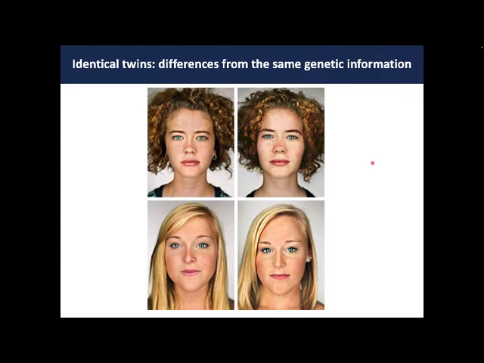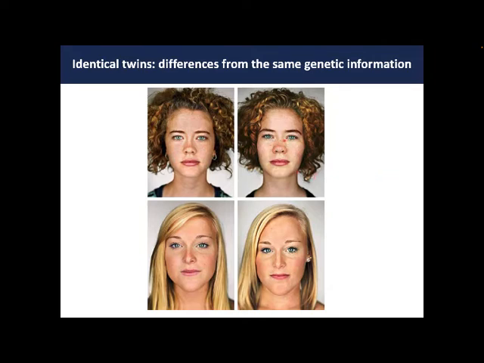This is an example, the classic example of identical twins. Basically, they have exactly the same genetic material. Can you tell the differences between these two people? Also, the bottom is a sister, the identical twin. You may notice that although they have the same genetic information, some of their morphological characteristics are slightly different, right?